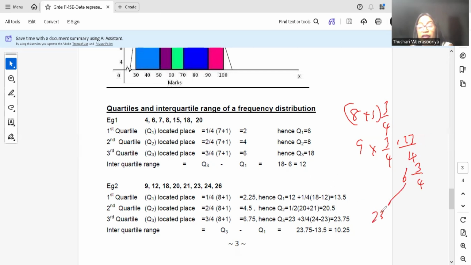That is 23. Plus, what's the gap? 1. 1 into 3 over 4 is 0.75. Then add 23 plus 0.75, that is 23.75. That's how you find it, and then you can find the interquartile range, that is Q3 minus Q1.